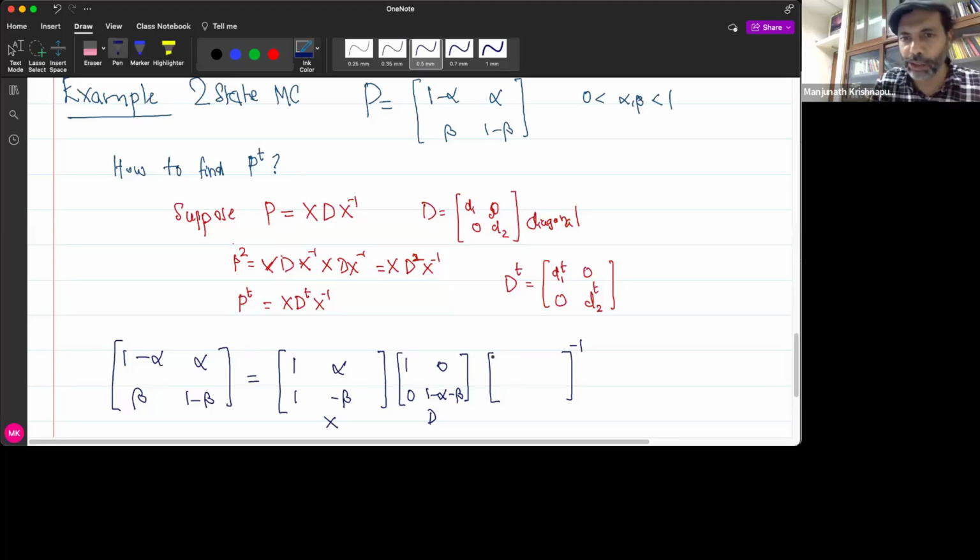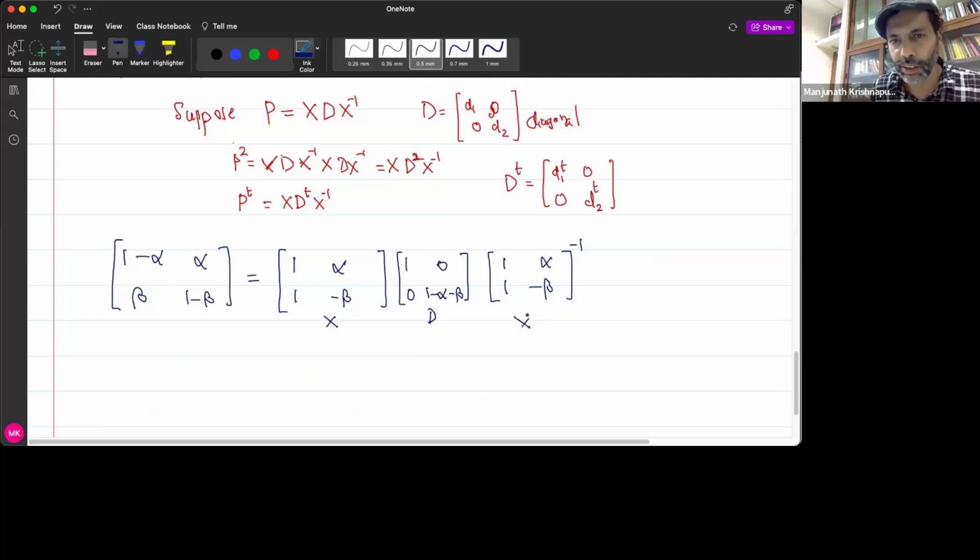And 2 by 2 matrices are also nice to invert. So this matrix, the inverse will be X inverse. This is P. So what will be P raised to the power T?